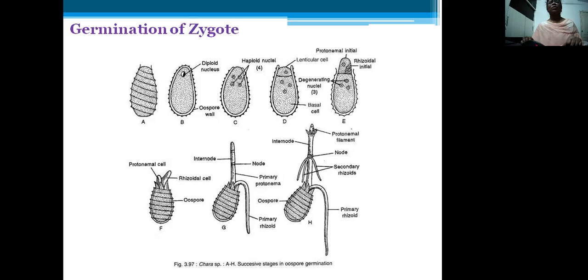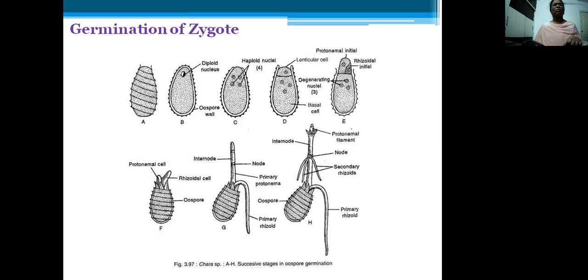From these nodes, secondary rhizoids arise, and at the nodal region the protonemal filament again arises with nodes and internodes, resulting in the formation of an axis with nodes and internodes. At the nodal region, branches of limited growth and branches of unlimited growth result in the formation of the complete Chara vegetative structure.